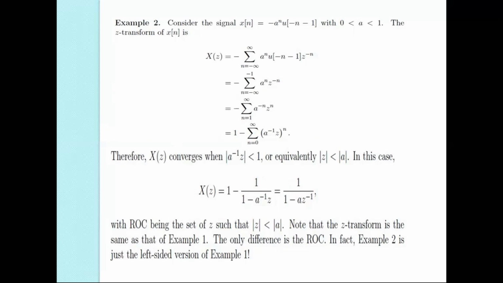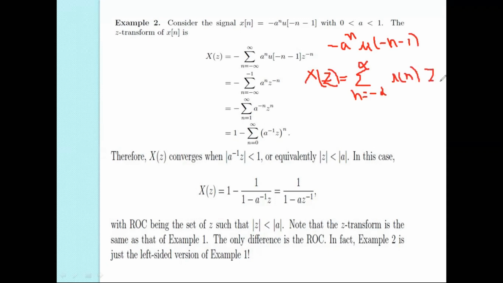Now, you see, the given signal is minus a power n mu of minus n minus 1. In the definition, x of z is equal to the sum of n from minus infinity to infinity of x of n z power minus n.